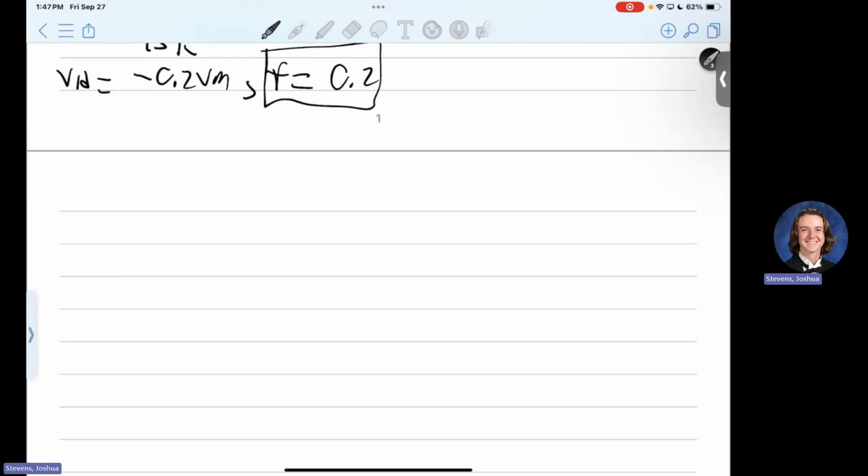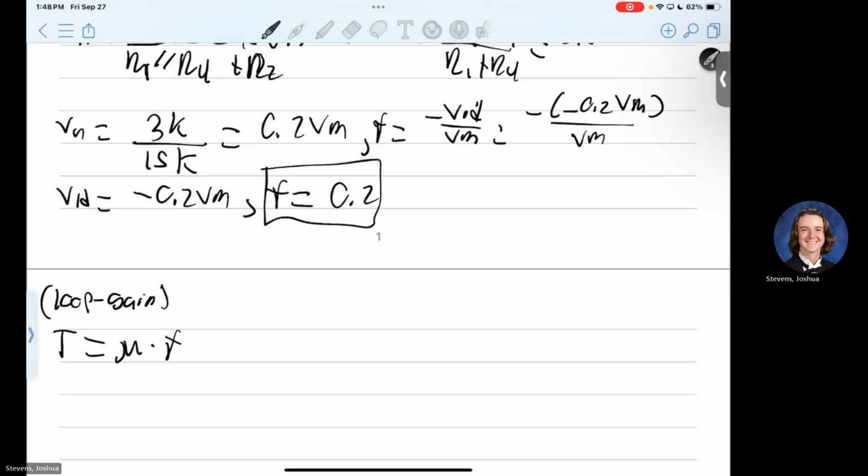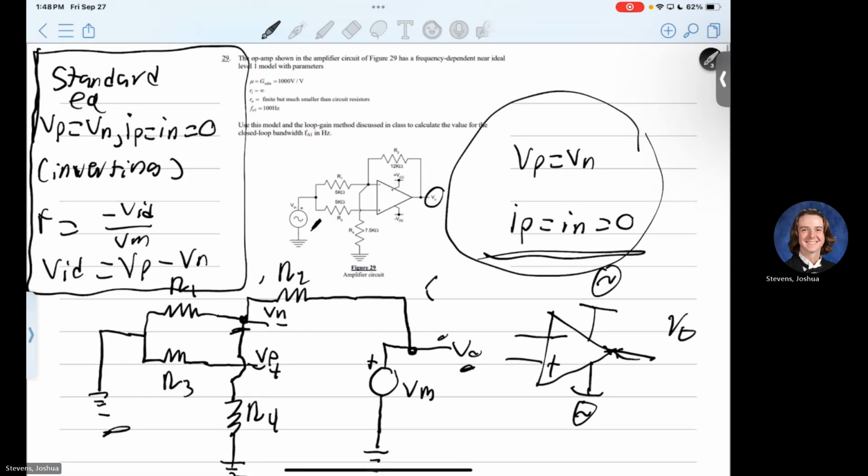Another one: loop gain, signified by T equals mu times feedback. Mu in this case was given as 100 volts per volt. Mu is the same as Gvdm in this case.